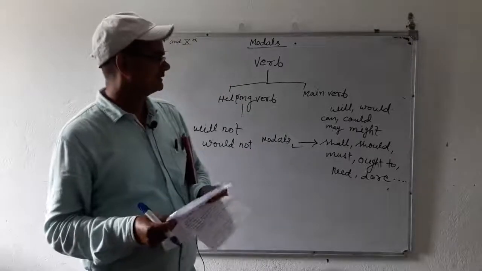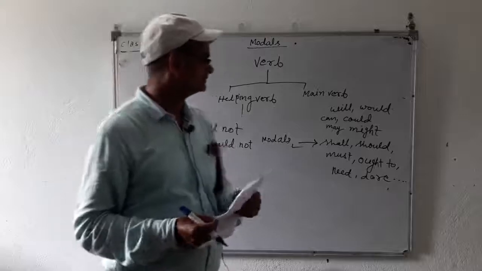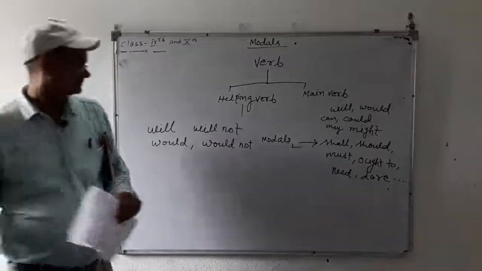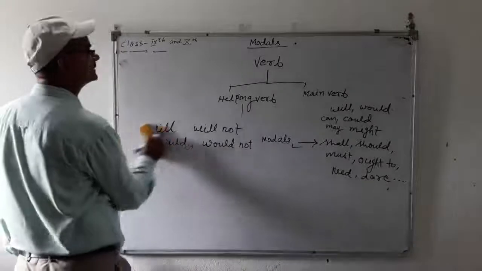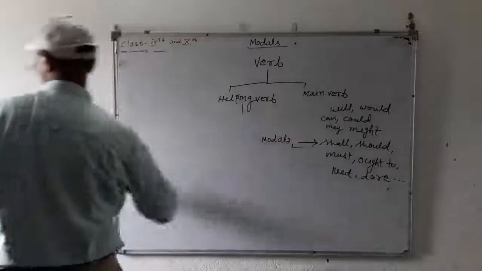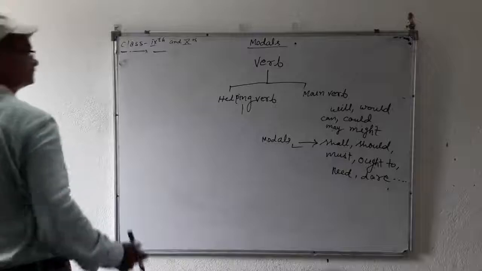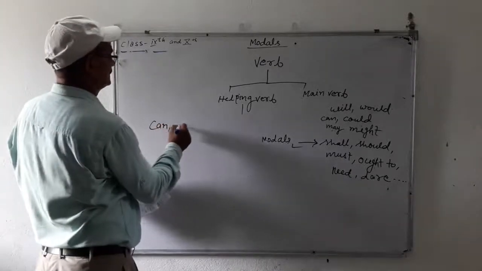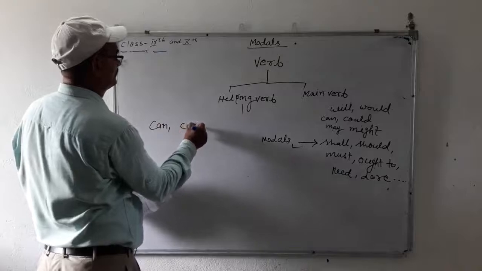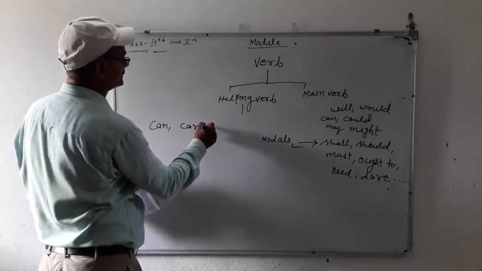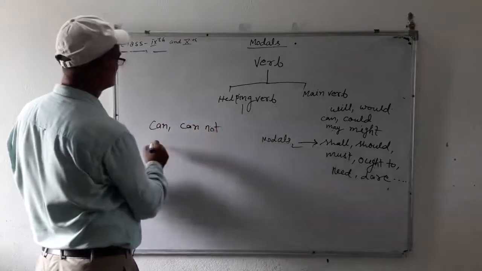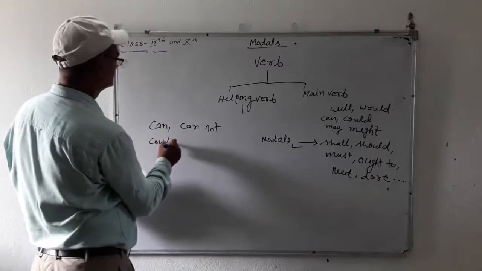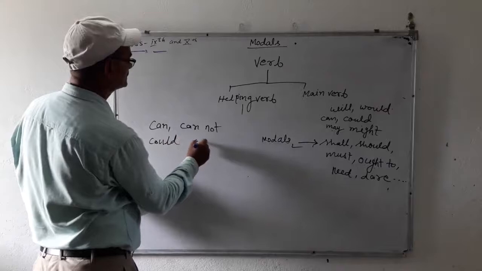Now, can and could. Can't, couldn't. Where to use can't and couldn't? Cannot is also written as can't. The past of can is could.